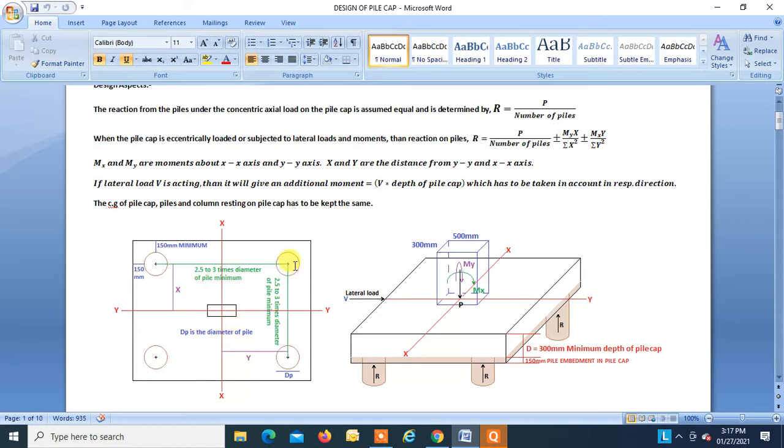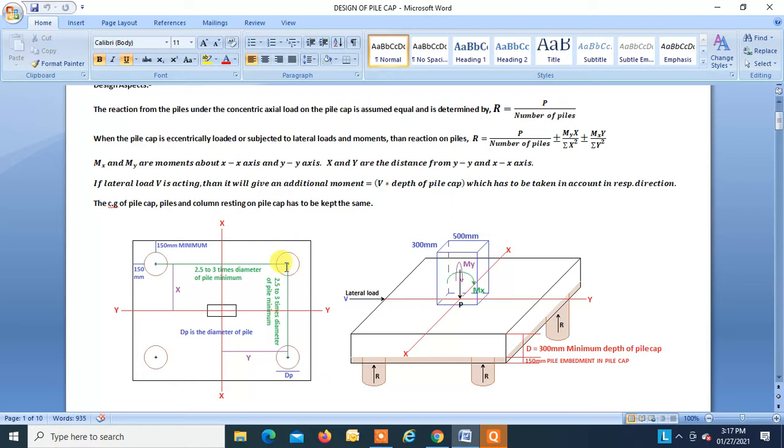So My into this distance x, that is the center of this pile to the CG of the pile cap, that is x, divided by summation of distance, that is x square, right?